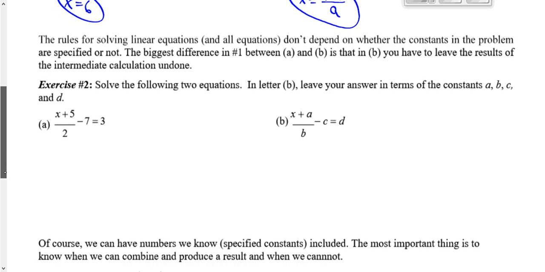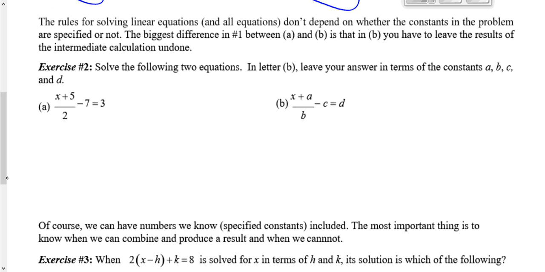Let's see, solving two equations. This one is going to have a numerical answer. So over here, what would we do first? Add 7 to both sides.